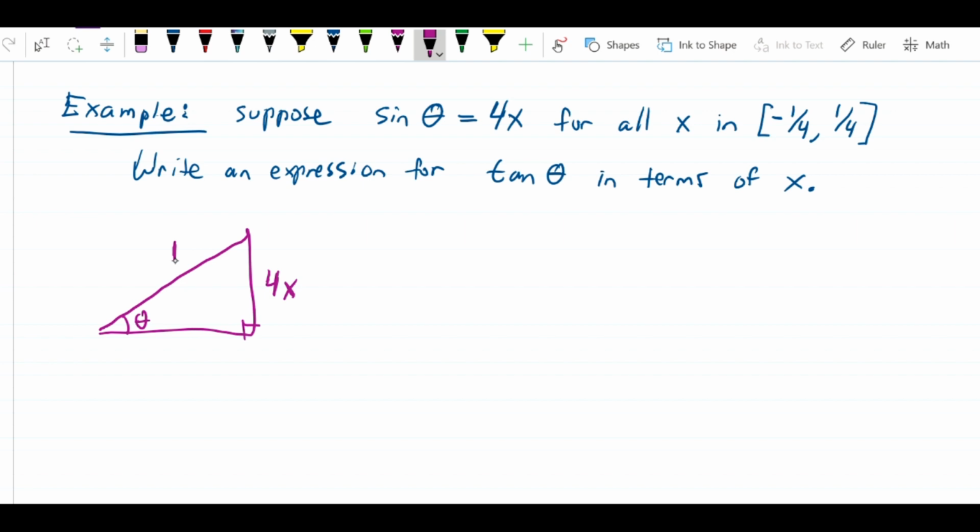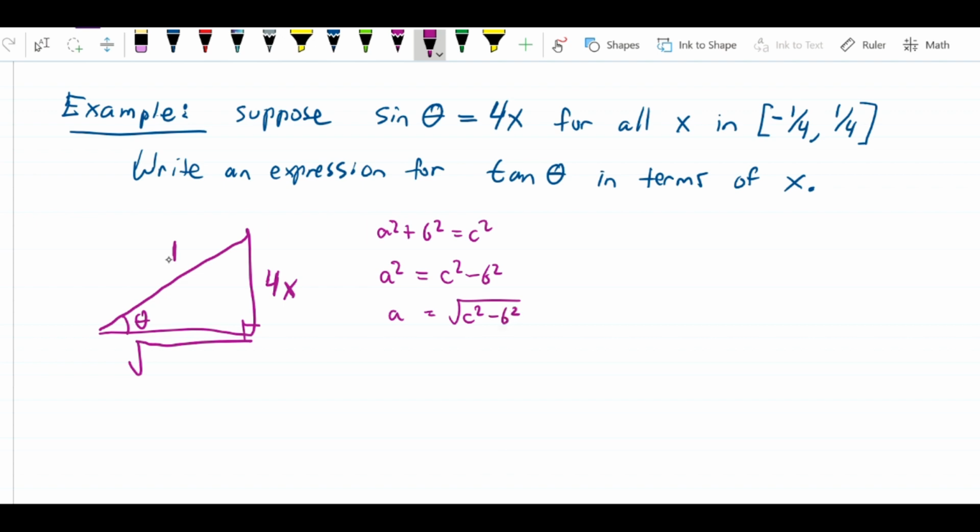Well, now, using the Pythagorean theorem, I can find the missing leg. Just recall that if a squared plus b squared equals c squared, where c is the length of the hypotenuse, then that means that a squared is equal to c squared minus b squared, and a is equal to the square root of c squared minus b squared.